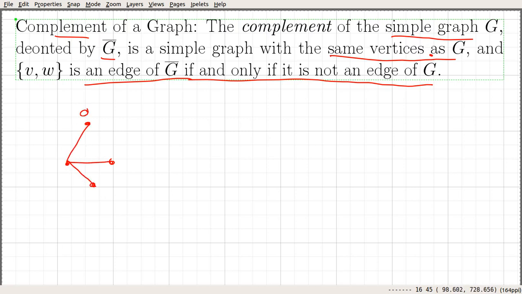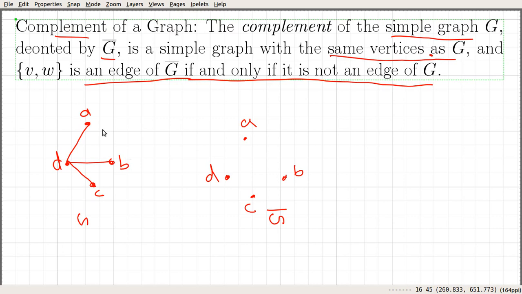Consider this graph, let it be G dash. Let me define G bar. By definition, G bar has the same vertex set as G, so it will contain the vertices A, B, C and D. It will have an edge joining two vertices if the corresponding edge is not in the original graph.